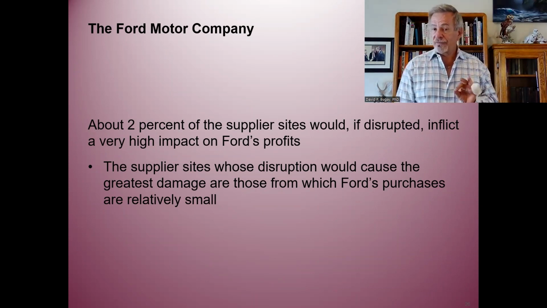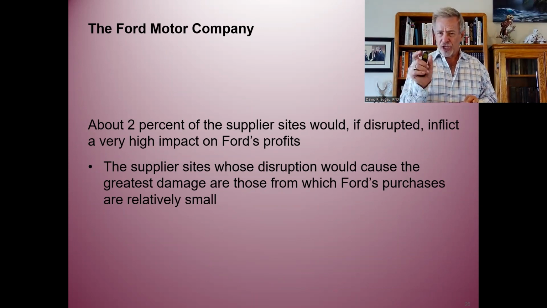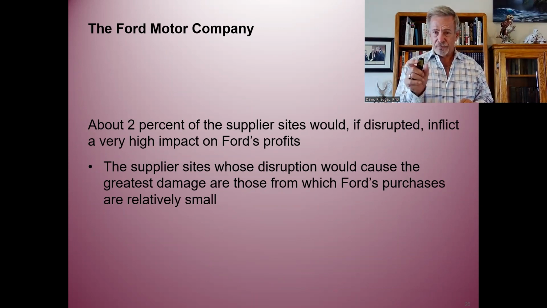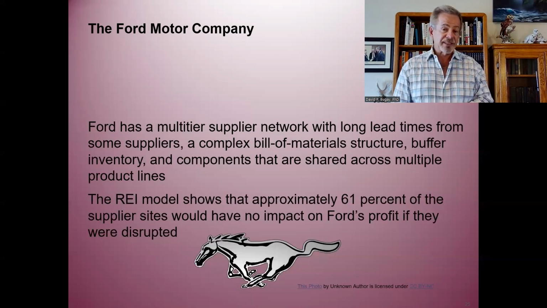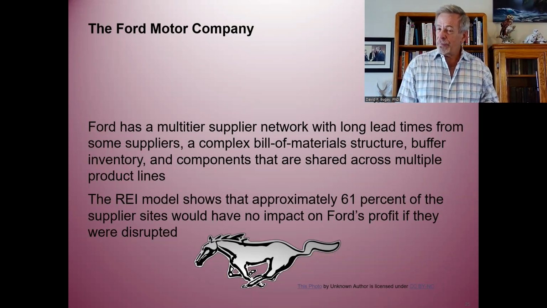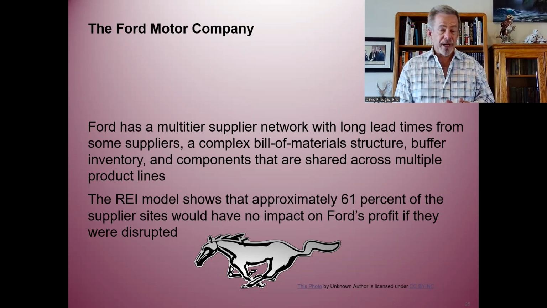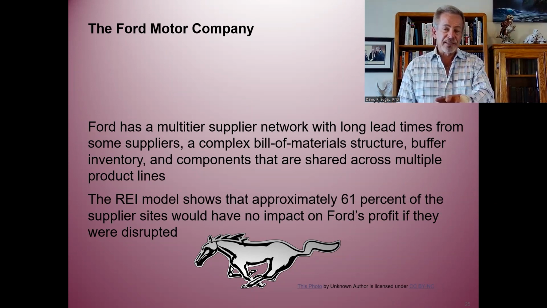That's where you sit down and focus in, as this is number one for risk exposure, 1.0, because that 2% is going to damage the entire thing and have a huge impact on Ford's profits. The 61% back here, you don't have to worry about that as much. Now, you do have to worry about it to make certain that everything is flowing well, but that's not going to damage the entire profitability of the company.